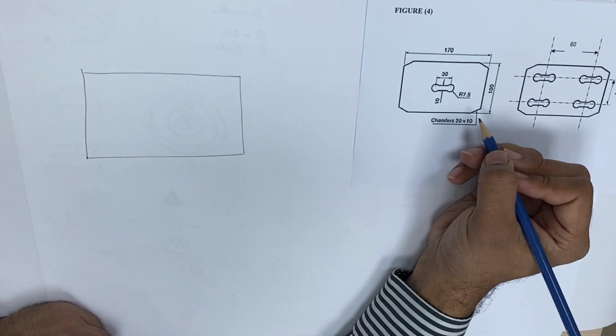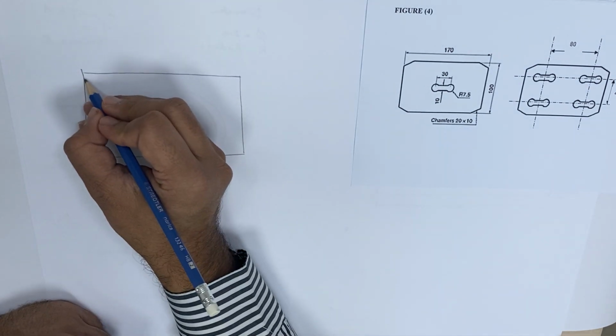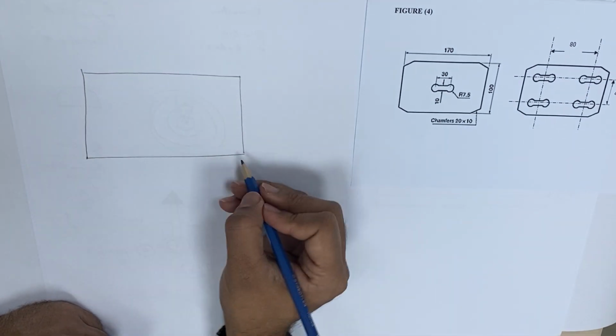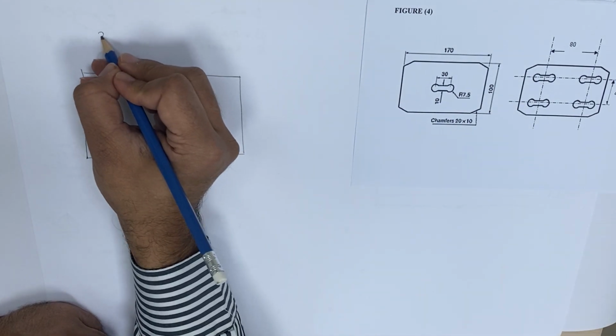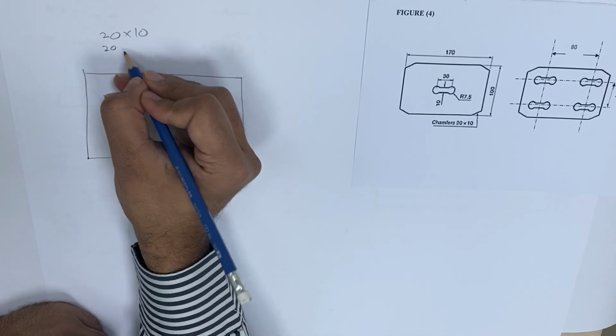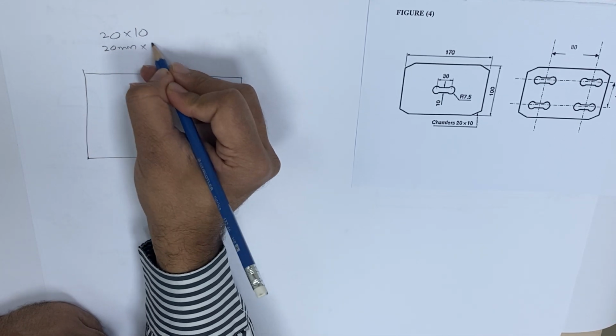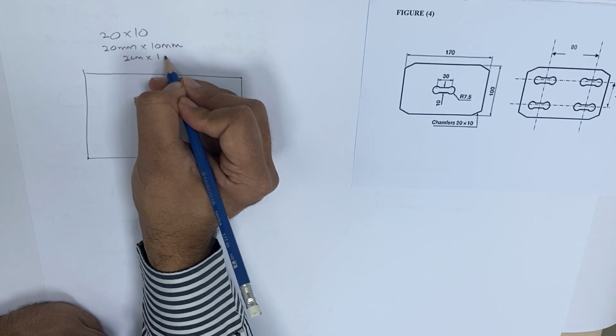Now in this figure there is a chamfer. A chamfer is a corner cut, which is on all 4 sides. Now for the chamfer it is written 20 by 10. So what is that? 20 mm by 10 mm, which is 2 centimeter by 1 centimeter.